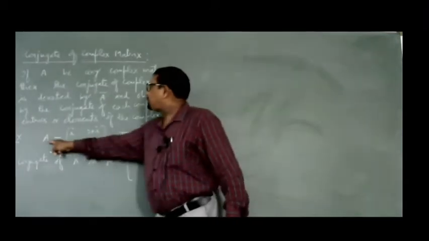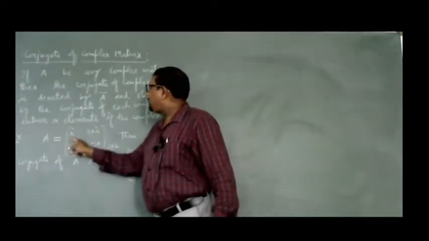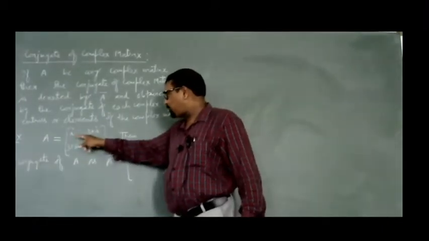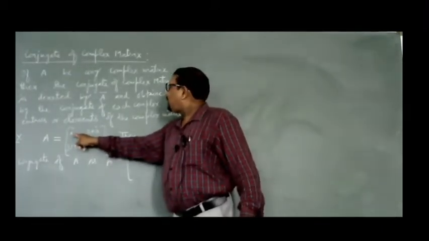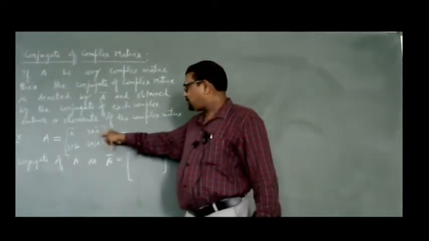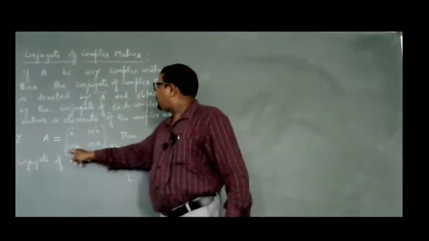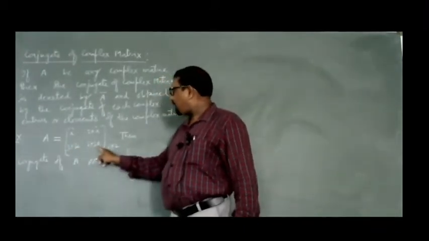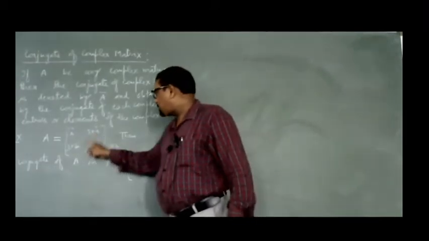Here is the complex matrix A, and each element of the matrix A are complex numbers. In the first row, you see here i, 2 plus i are the elements. In the second row, you can see 3 plus 2i, 5 plus 3i are the elements. These all are complex numbers.